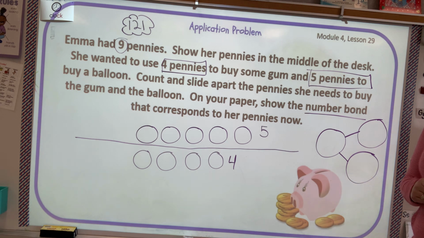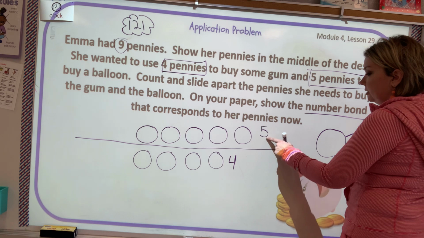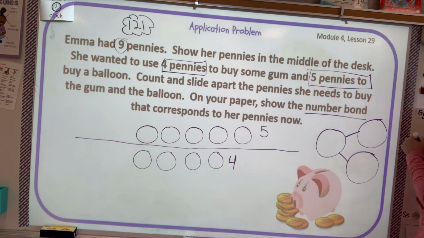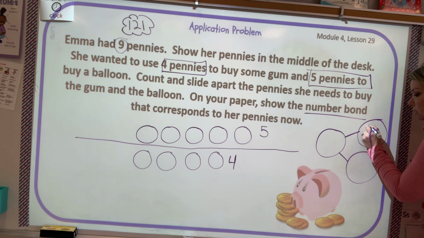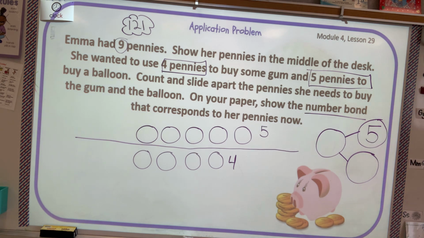Landon? 5, and the 5 goes in the half. You mean in the part? Yes. Okay. Landon told me I need to use the 5 and I can put the 5 in one of my parts. Okay. What else? What's another number I can put in? And where does it go?